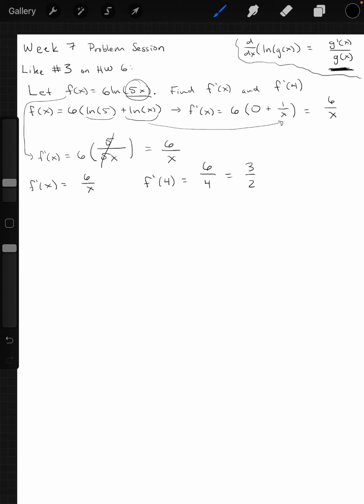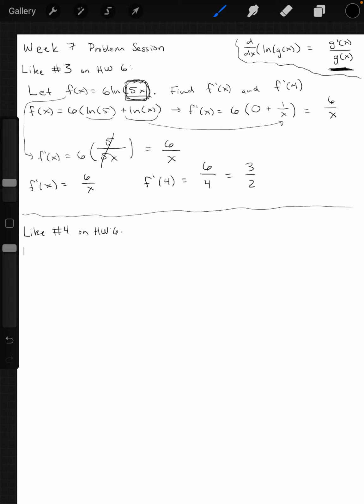Right? Number 4, which is the next one that people asked about, is very similar, except only one of these ways works. Right? When we have just a polynomial here, or rather, not even a polynomial, a monomial inside the log, then you can use log rules to expand it and then just use the basic derivative of logs.